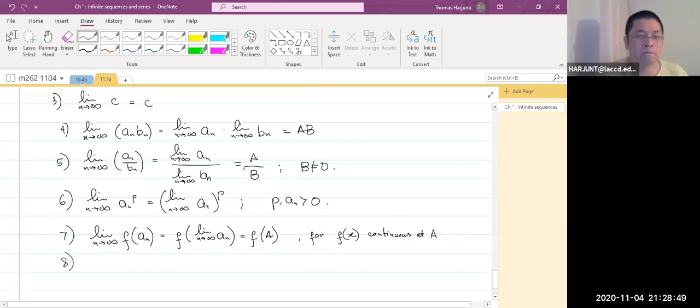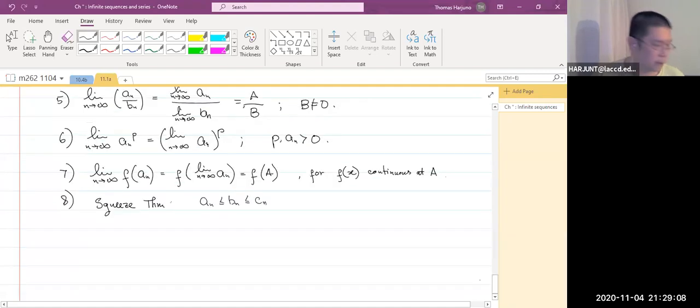Others: the squeeze method, squeeze theorem basically. Let's say the sequence B is bounded above and below by sequence A and sequence C, for n after a certain n.